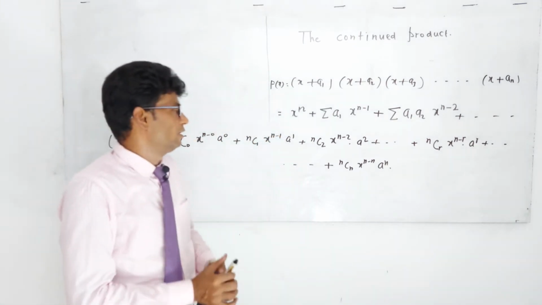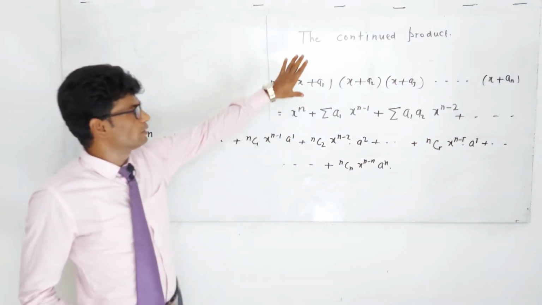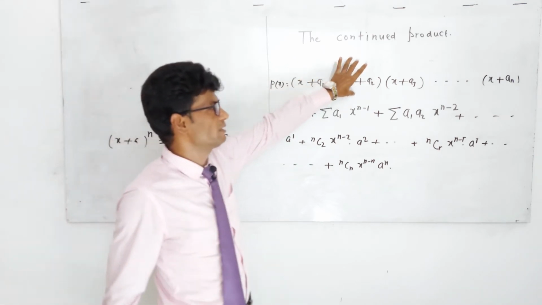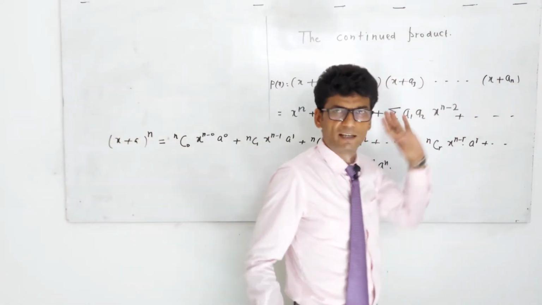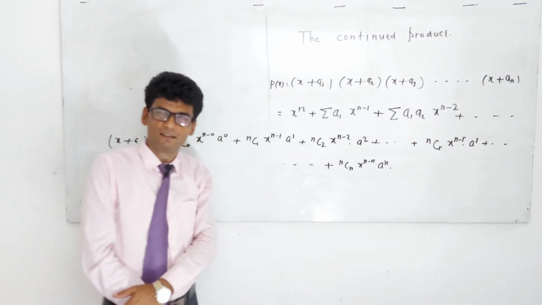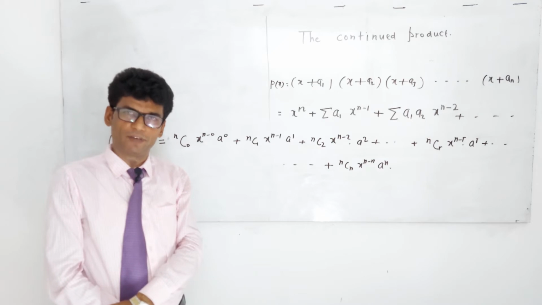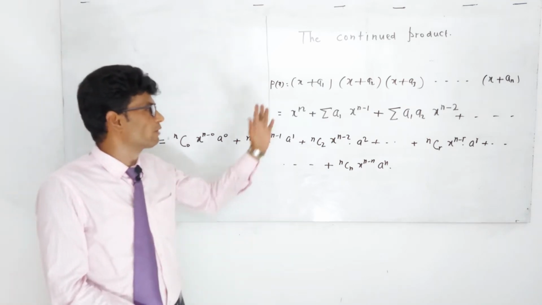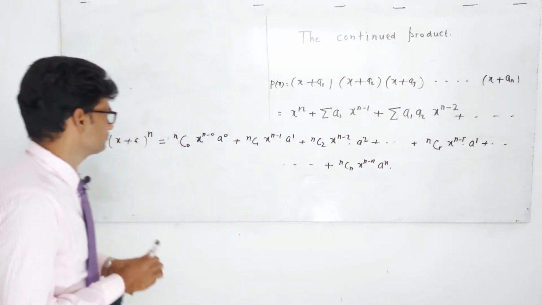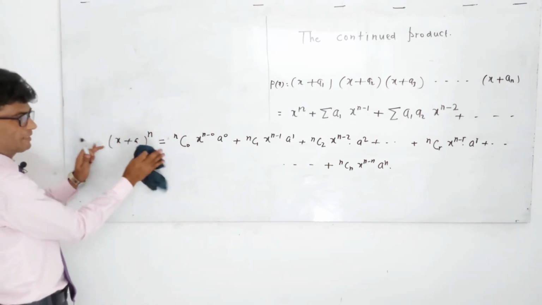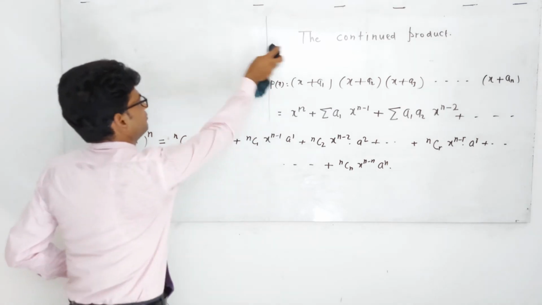Then what we get on the left side: x plus a, x plus a, x plus a, x plus a. If you multiply all together, we will get (x + a) to the power of n. And what about the right hand side? Look at. So this is what I am going to prove. We have to keep it intact, and now we are going to write here.